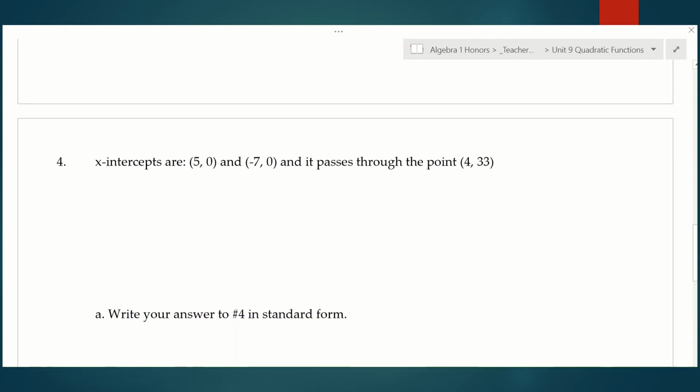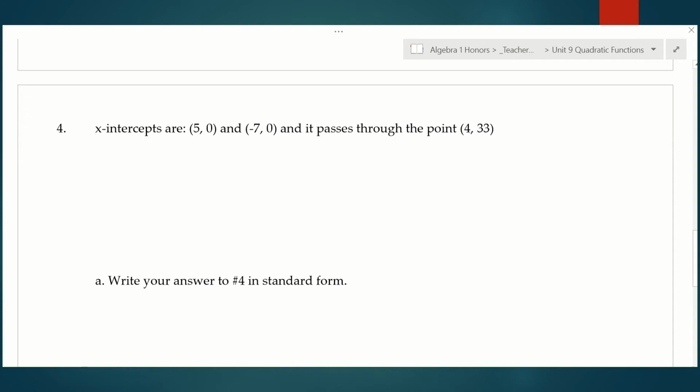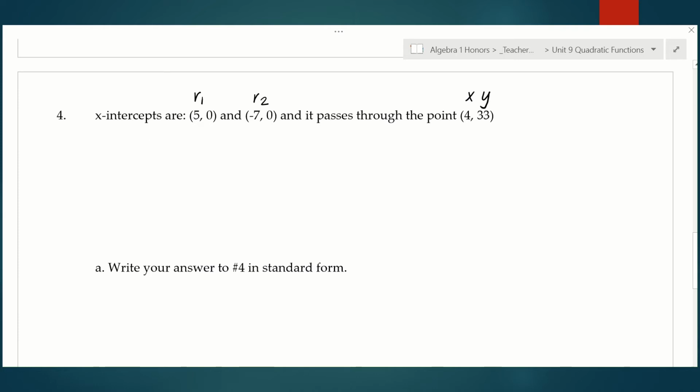So again, we have our x-intercepts, so there's R1 and R2, and the point that it goes through, xy. All right, so y equals 33 equals a times x is 4, first root is 5, times, again, x is 4 minus the second root, so minus -7 is going to be 4 plus 7.